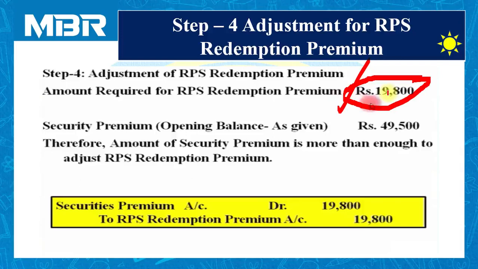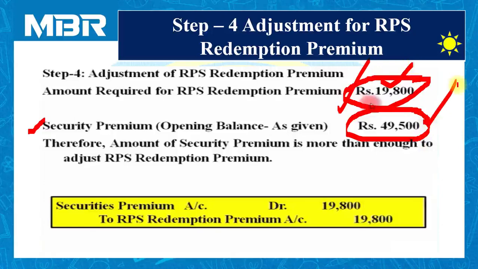Now check the information given on the liability side of the balance sheet. In your question, the amount of security premium is given in the balance sheet as rupees 49,500. So this information is readymade in the balance sheet. As a student of commerce and management, we can easily think that our requirement is only rupees 19,800 and we have 49,500 rupees in our account.